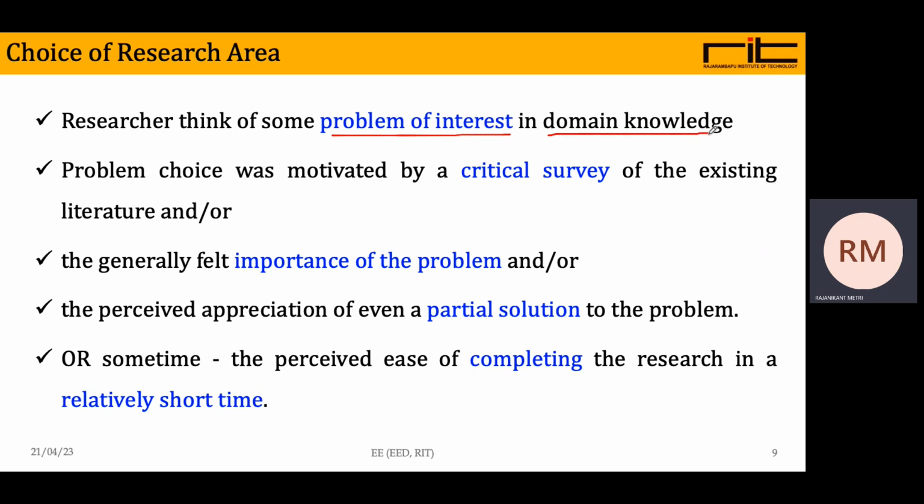If an engineering researcher is there, he may think of his particular interest area. Again, in engineering, there are fields like electrical, mechanical, civil, or computer science. So one can select a problem of interest and then start working on it.